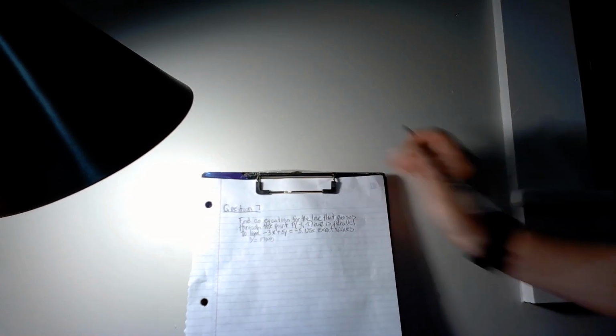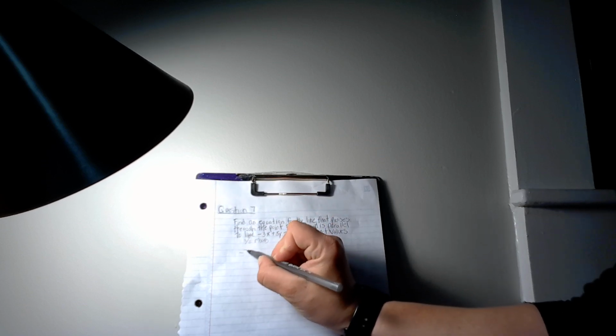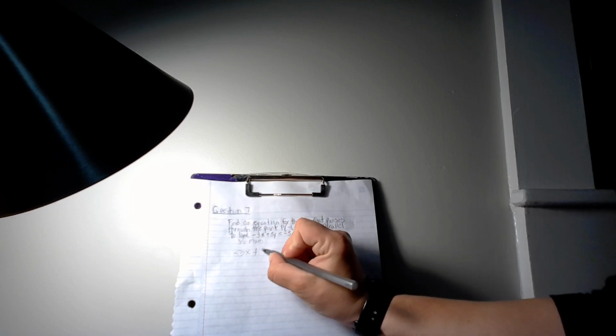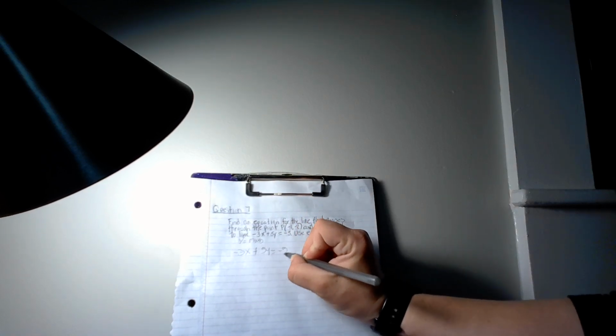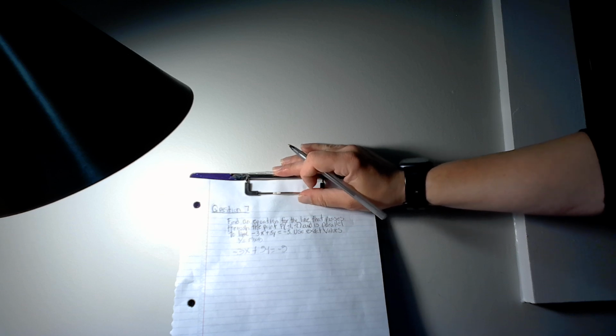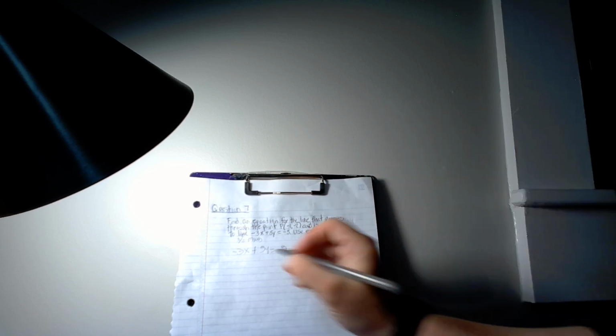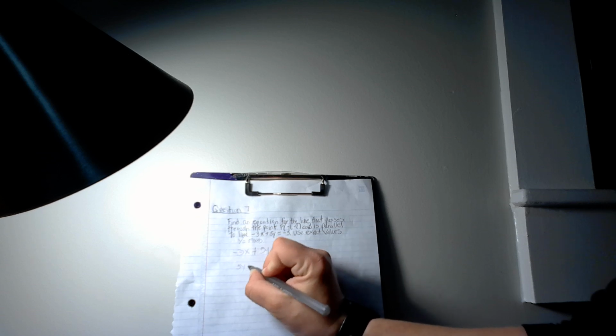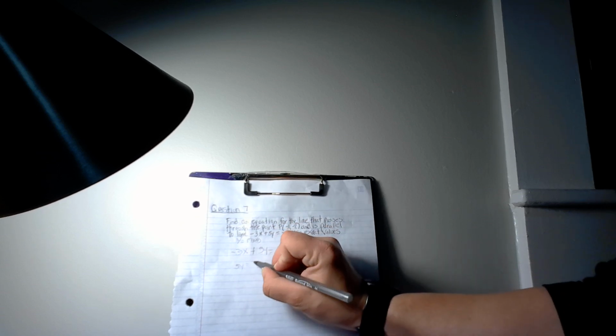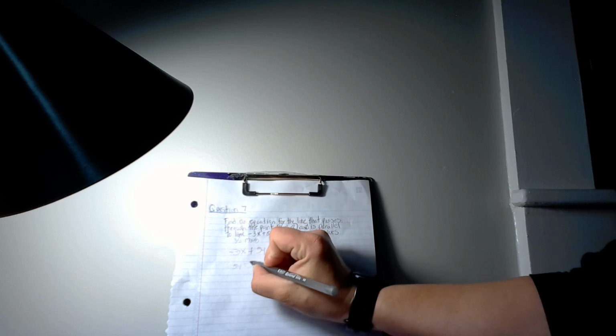So from -3x plus 5y equals -5, you would get 5y equals 3x minus 5.